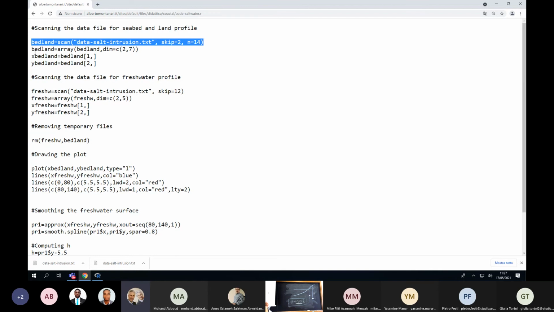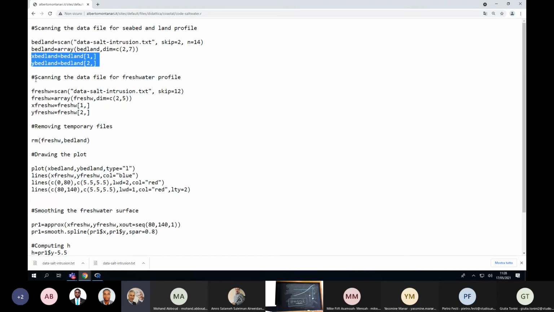Then the data are put into an array. You see bedland is equal to array here. They are put into an array, and then into the X and Y coordinates.